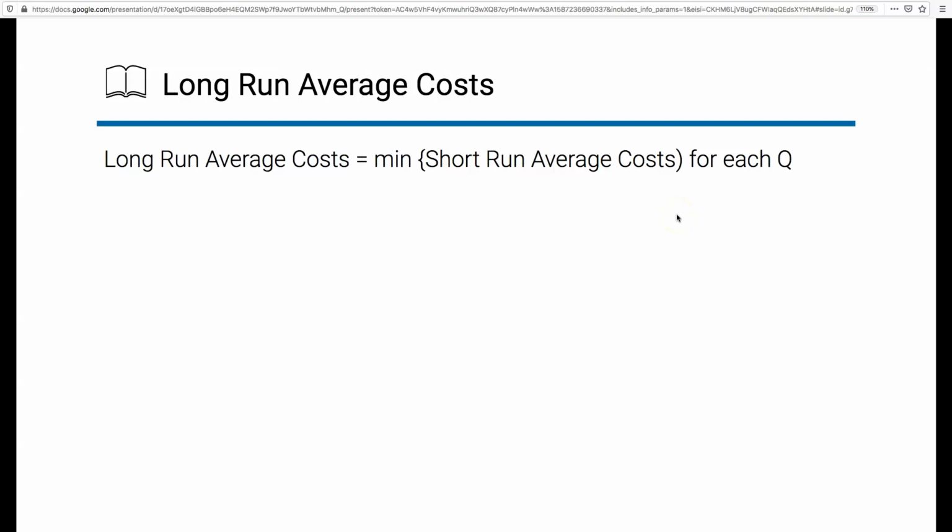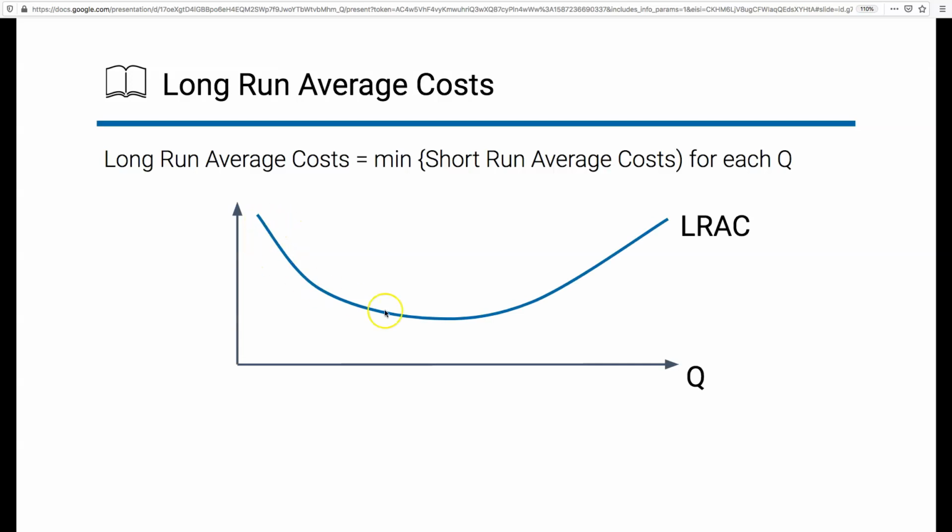Just consider all possible levels of capital that you can potentially have, and for a fixed amount of output, find the smallest cost. That is what the long-run average cost curve is about. Graphically, it also looks like a U-shaped curve as in the short run. It's just that it incorporates all possible short-run average cost curves.